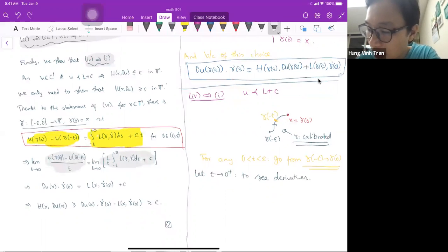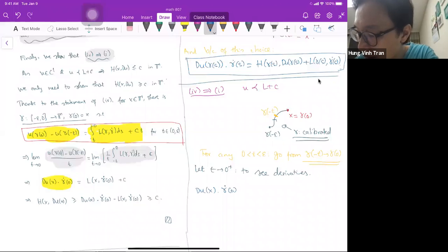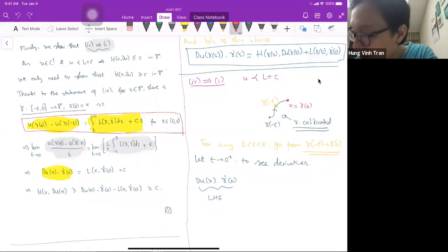When you do that, by the chain rule the left hand side just gives you du of x dot with gamma dot of 0, where x equals gamma 0.